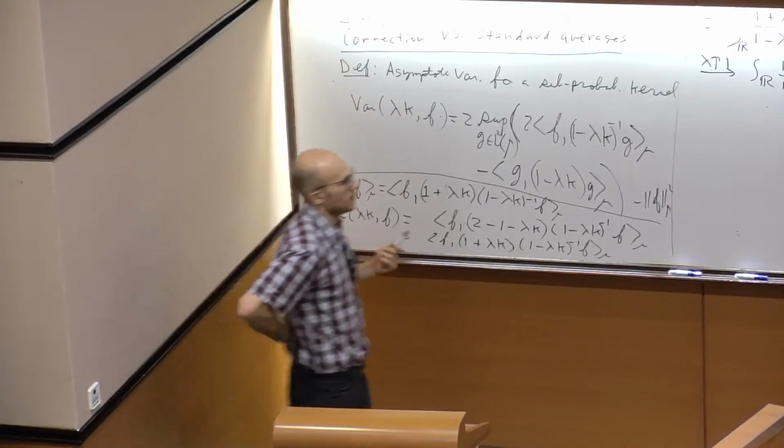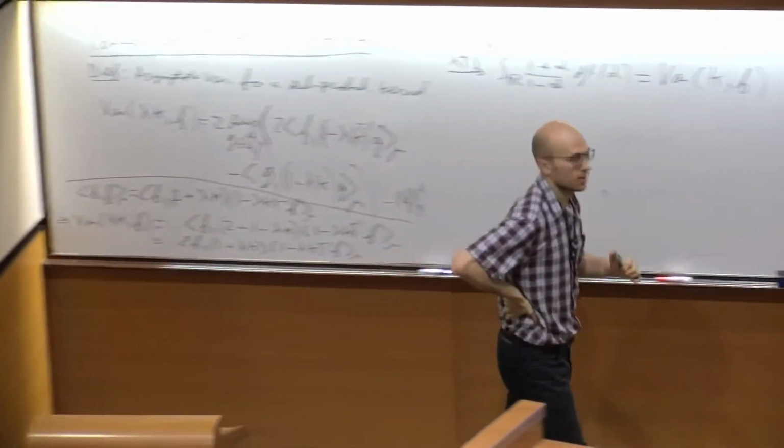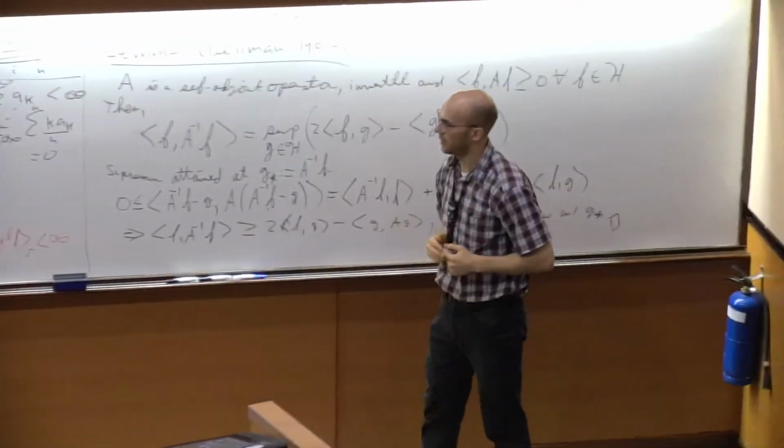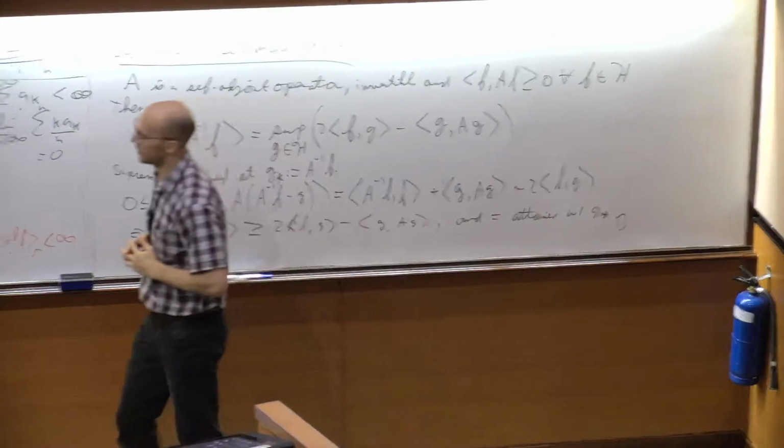We only need to look at this perturbed subprobability kernel and how it acts, and then we can take the limit.